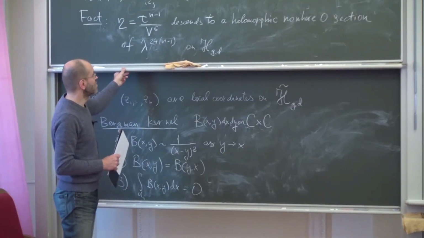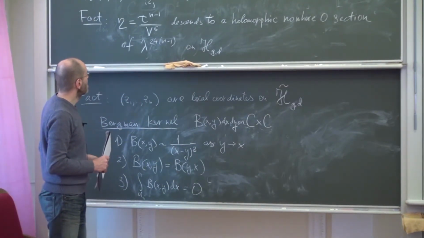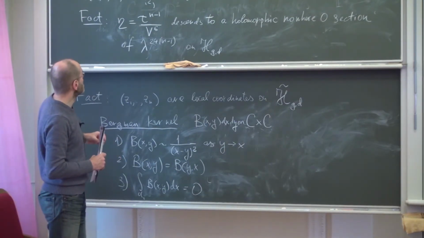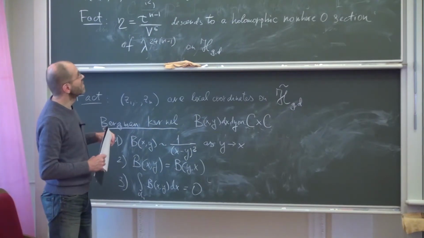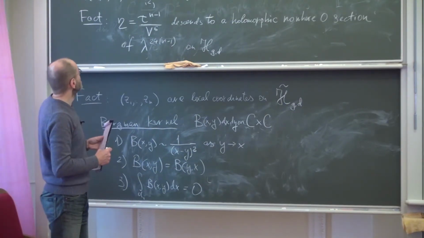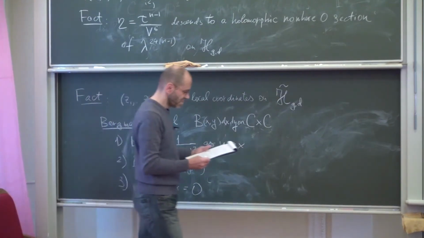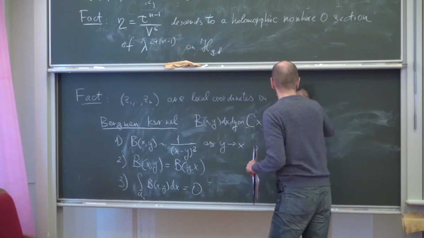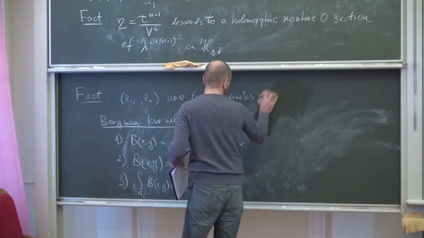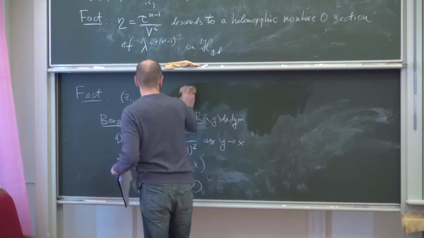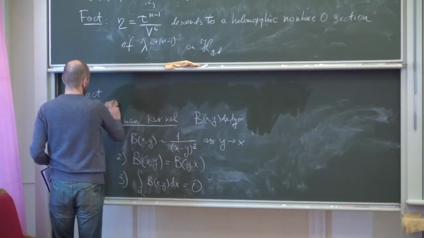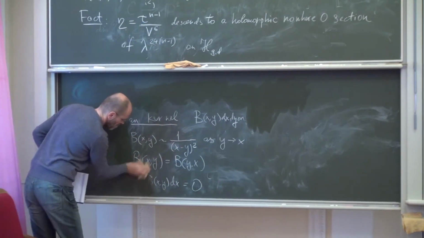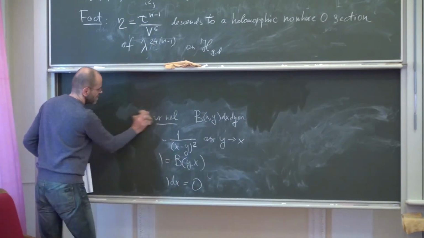Now the next step is to compute its divisor, or in other words, to study its asymptotic behavior near the compactification divisors in the space of admissible covers. And doing that carefully, one gets a non-trivial relation in the Picard group of the moduli space of admissible covers.